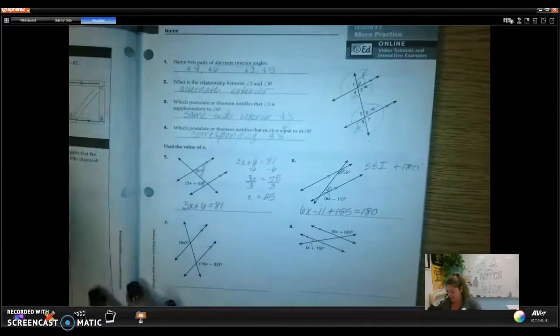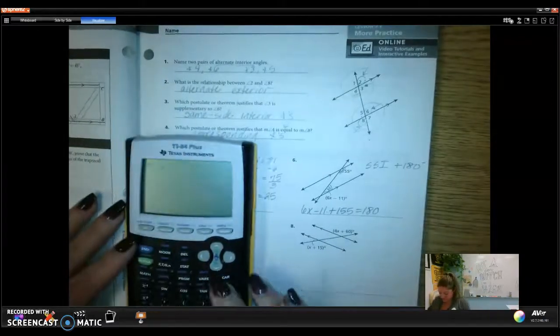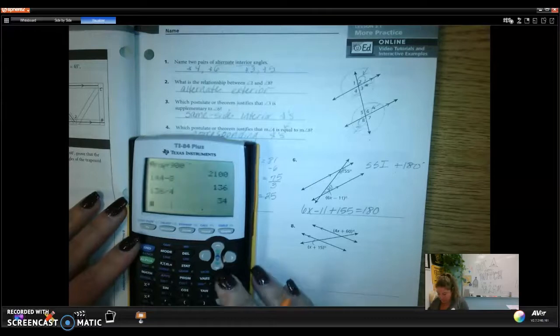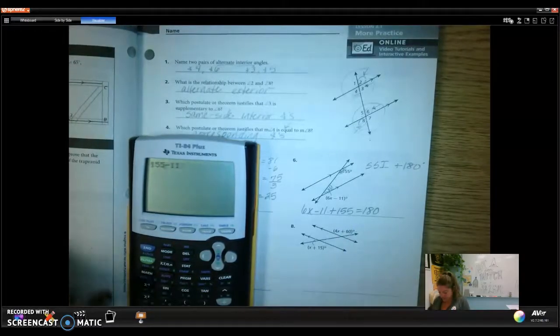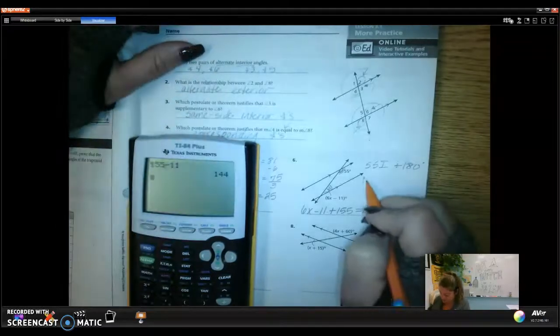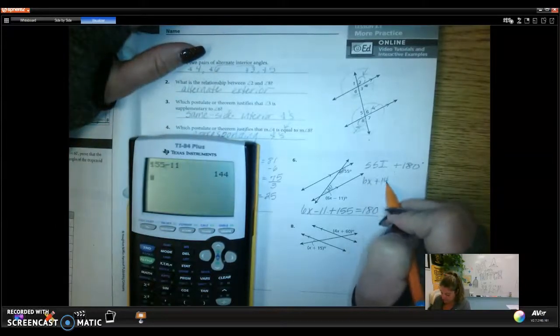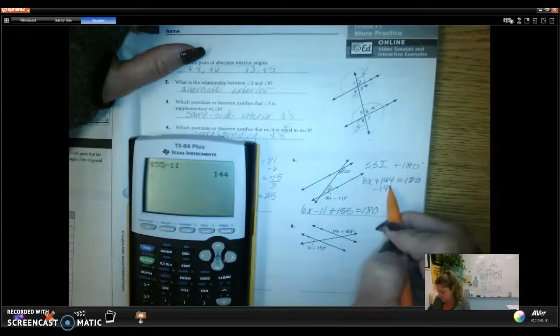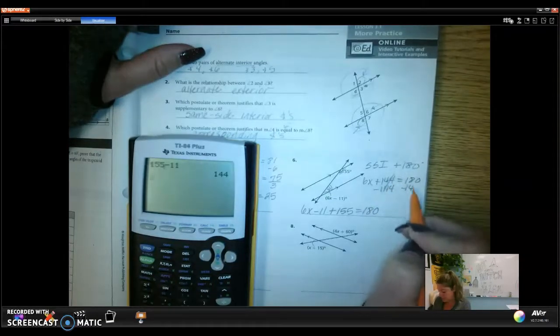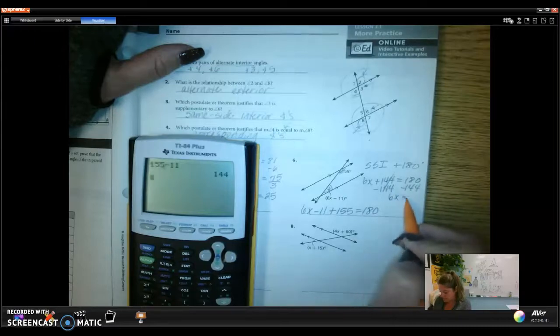Okay, let me get my calculator ready because, you know, it's hard sometimes to do these big numbers. All right, so 155 minus 11 is 144. So 6x plus 144 equals 180. We're going to subtract 144 from both sides.